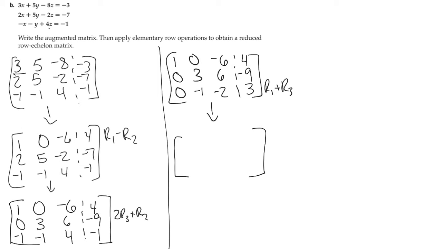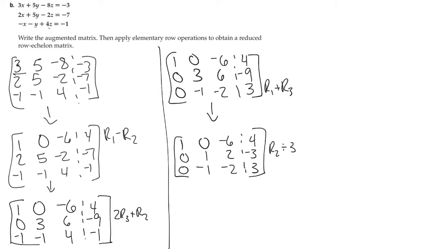Now we need to make that 3 a 1, which looks like everything across row 2 is going to be a multiple of 3. So I'm going to take row 2 and divide it by 3. That's got to be the easiest thing. 1, 0, -6, 4, 0, 1, 2, -3, 0, -1, -2, 3.